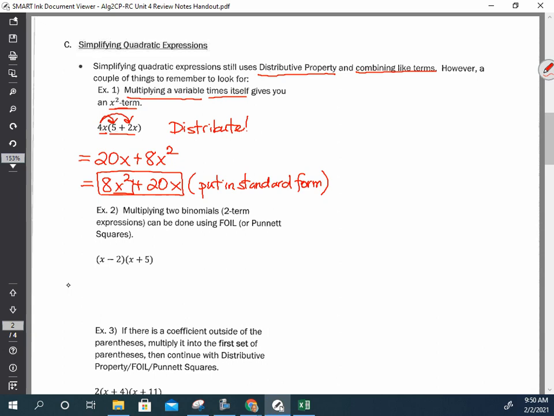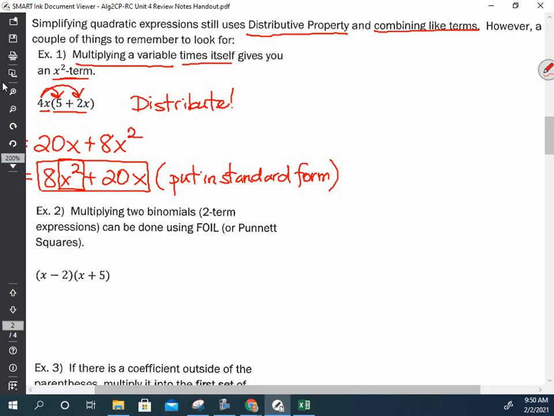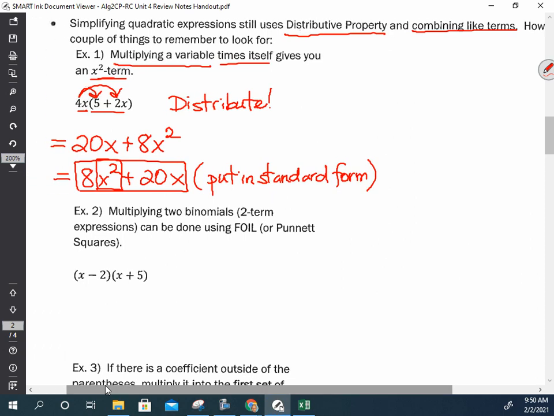Talking about this part? Talking about the part next to the 8? Yes. So when you multiply a variable times itself, that gives you x squared. So anytime you take x times x, that automatically converts to x squared. Problem. Any other questions? Example 1.